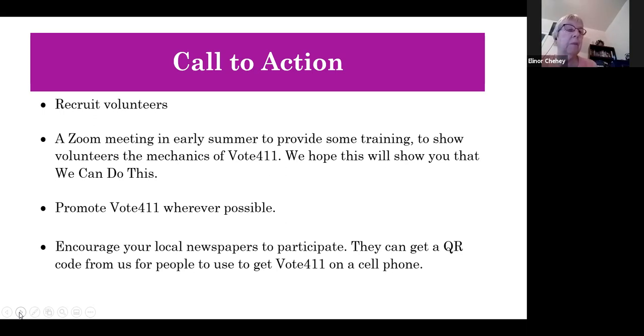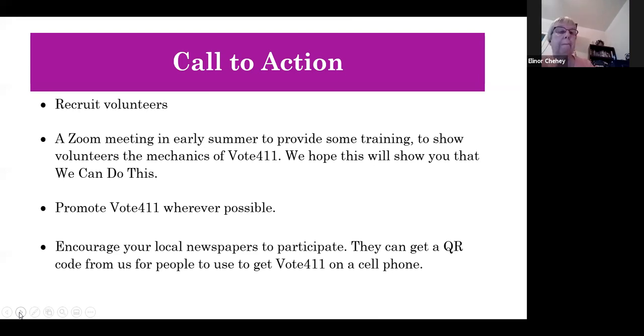So anyway, that's part of my hopes for 2022, and we also hope to get the county commissioner candidates that are in primary contests included in our primary election Vote 411, because a lot of the counties are one party counties, and the only contest is in the primary election.